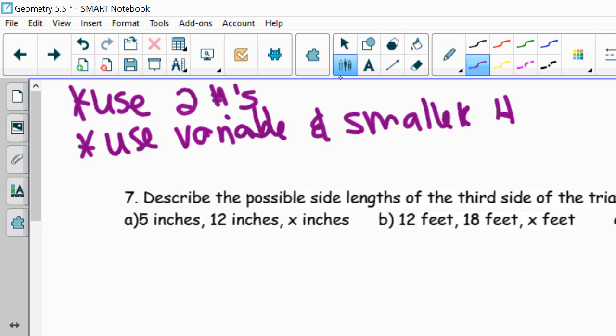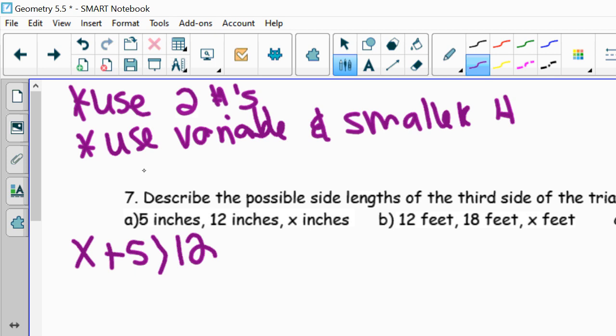So how I find that range: to get the smallest, I'm going to take that variable X and add to it the smallest number here, 5, and say that has to be bigger than 12. Because that's what the triangle inequality theorem told us, that any two sides added together are bigger than the third side.